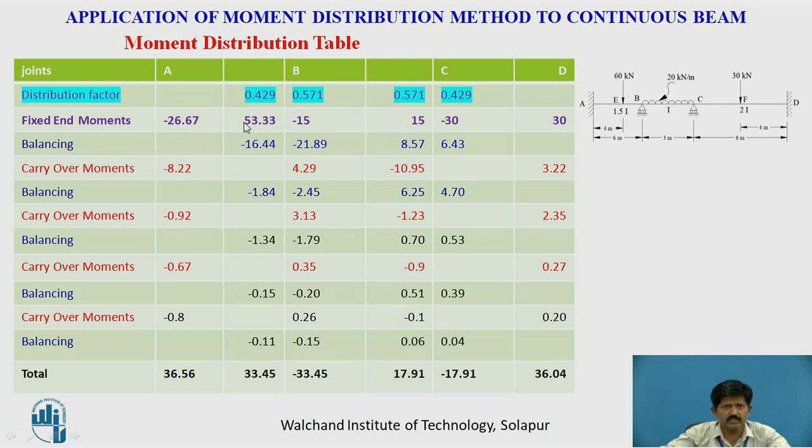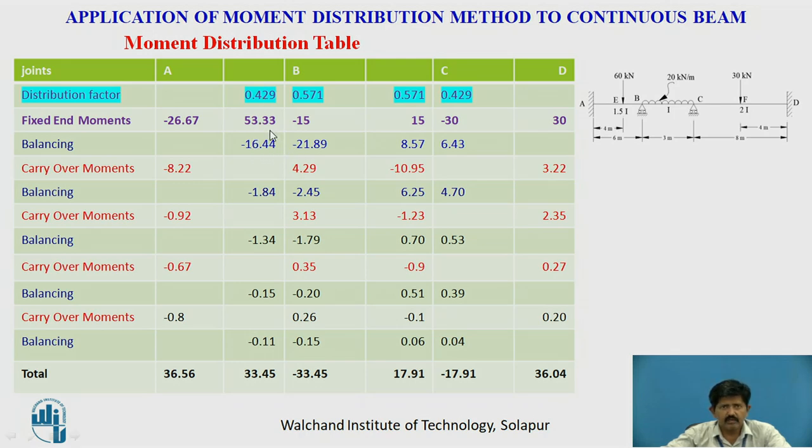So addition of this, 53.33 minus 15, so the unbalanced moment is 38.33. So multiplying with this distribution factor and giving the opposite sign.